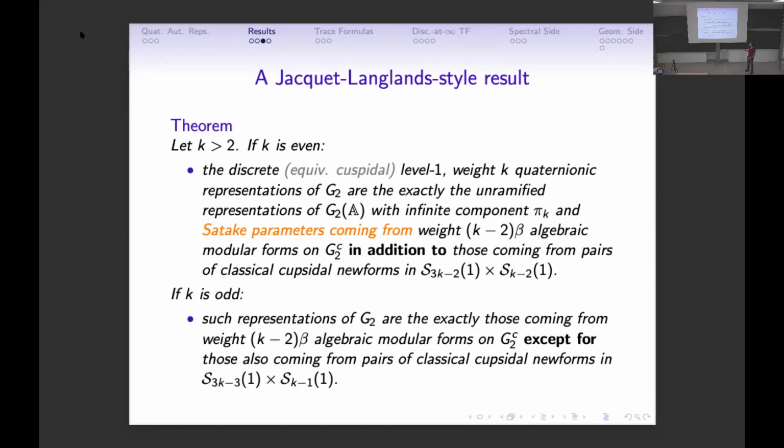And if k is odd, it's a very similar description. You get the algebraic modular forms on compact G2, but instead of an addition, it's except for the ones coming from a different pair of classical modular forms.